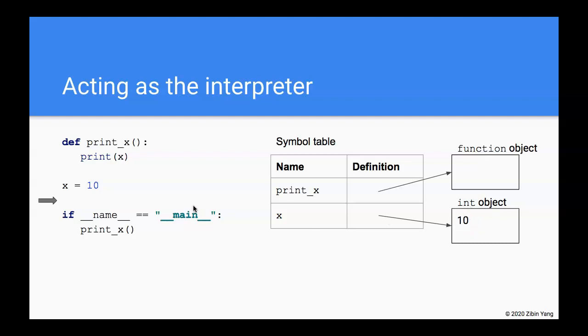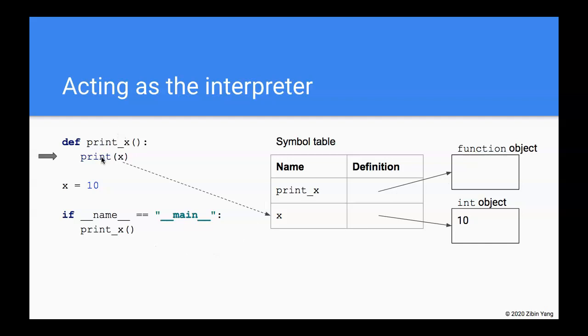Okay, and on the next line, now we call the function printx. When Python sees the name printx, it needs to know what that is. So it looks it up in the symbol table, and it says, okay, printx is a function object, and it wants to call the function. So let's execute the function, which is right here.